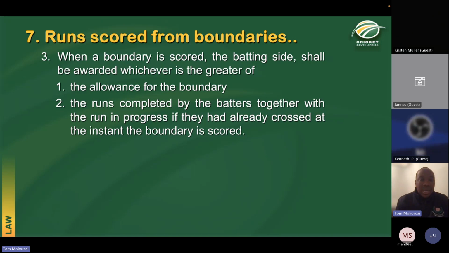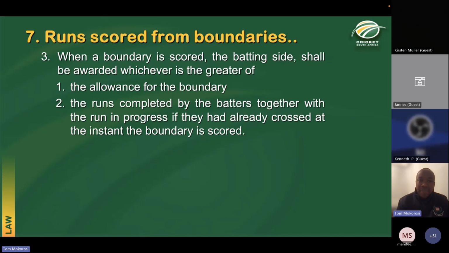What will we award the batting side? We will award the batting side 5 runs, not 5 penalty runs, but 5 runs to the striker. Why? Because 5 is what they ran, greater than the allowance for the boundary 4.